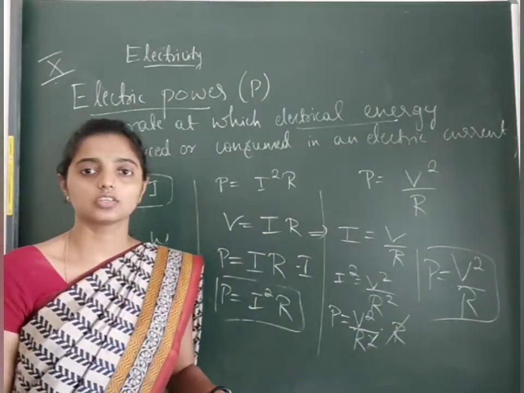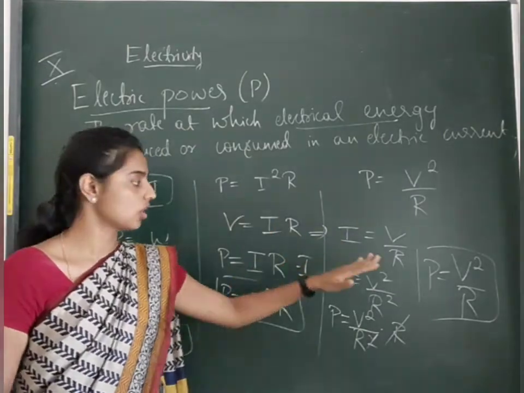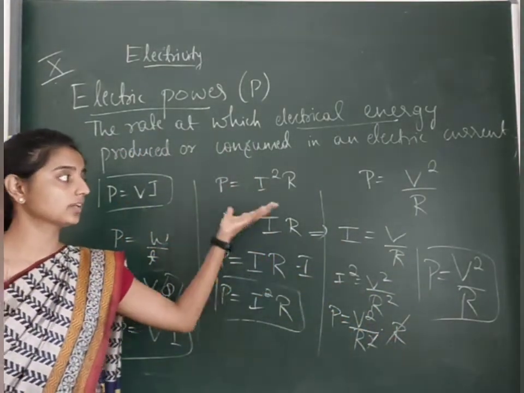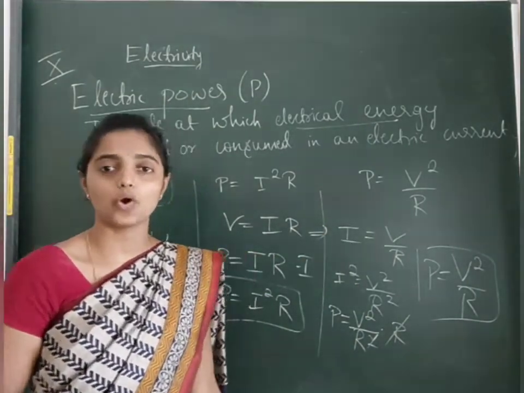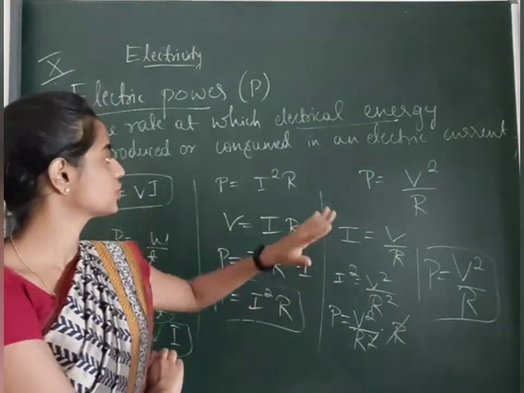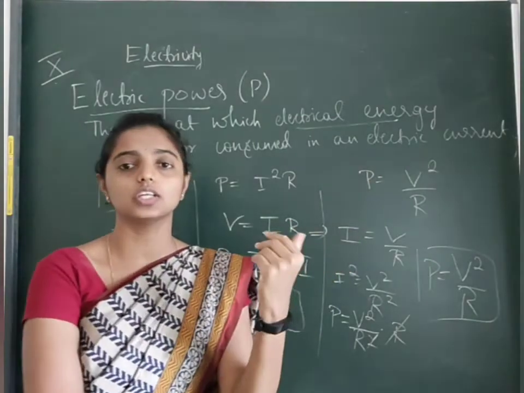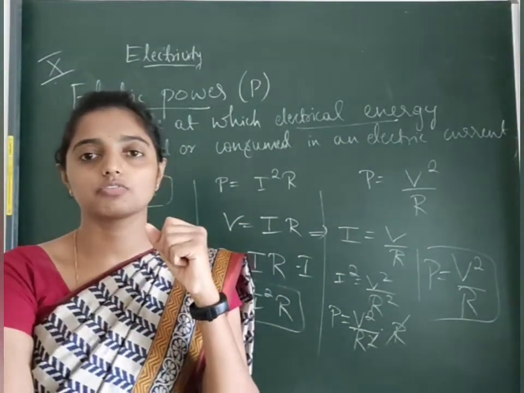Now your question: is it enough just to remember these three formulas, or should you learn how we got them by deriving them? Yes, it is important. When you look at your exercise multiple choice questions, you have one question based on these three equations, and they add one more equation and ask us to identify the wrong equation for power.